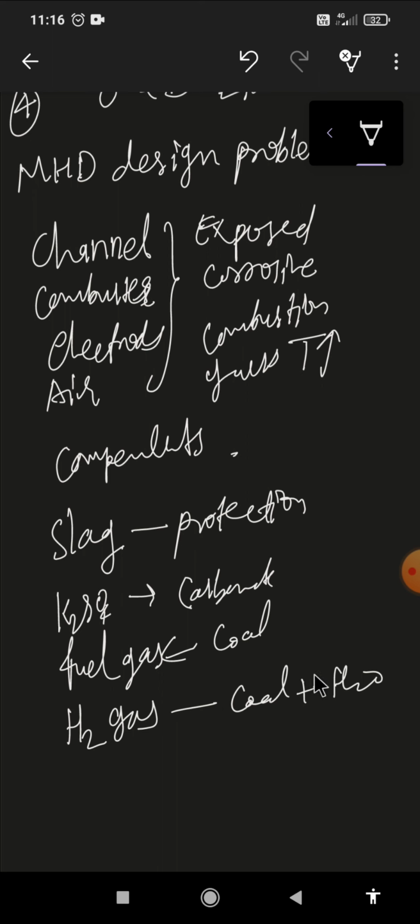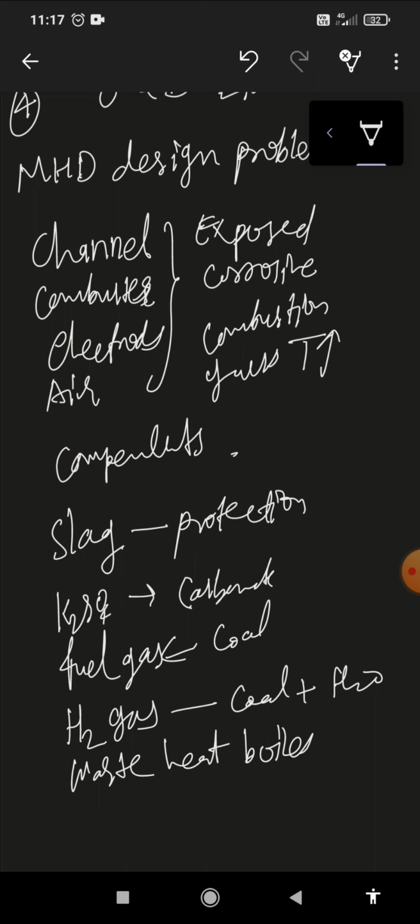After seeding and passage as working fluid through the MHD generator, the steam would be used to drive a turbine generator, thus avoiding the need of a waste heat boiler. So the boiler will not be required.